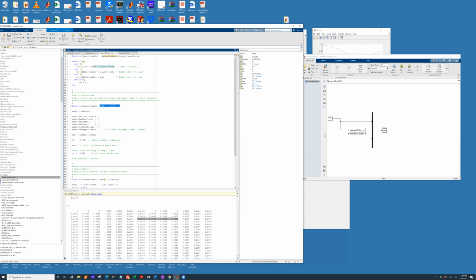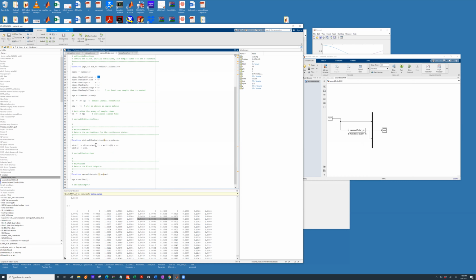Because this is something that Simulink calls. Then you will always have sizes equal to simsizes. Then you will have to supply the number of continuous states. In this particular differential equation, I have two states, x1 and x2, so the number of continuous states is 2.